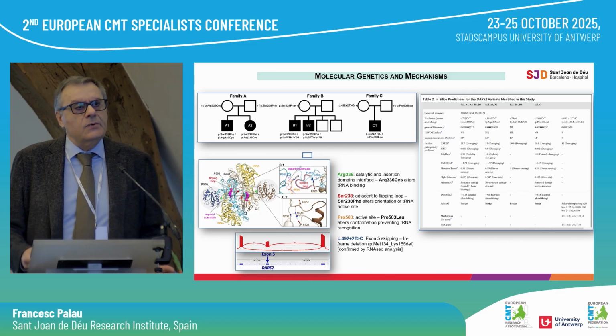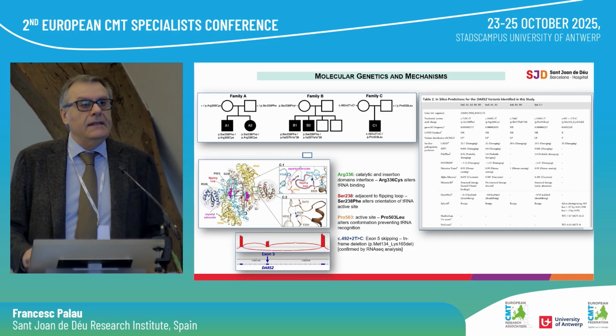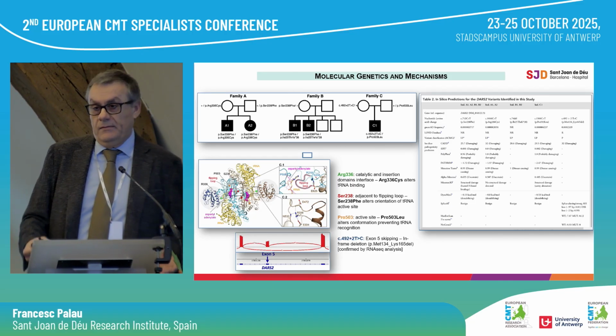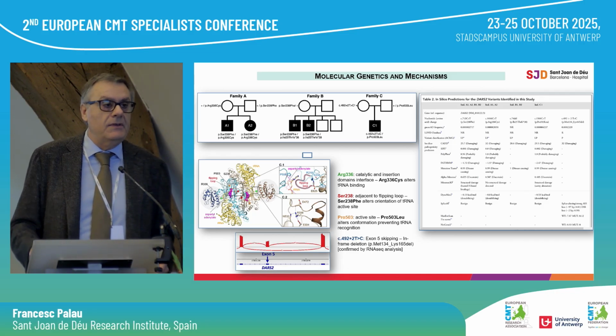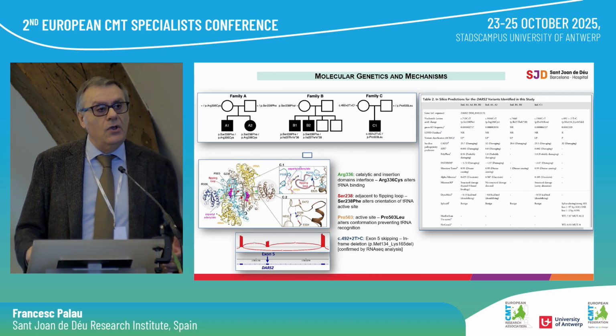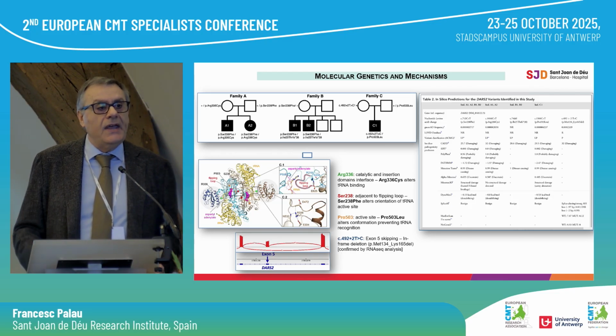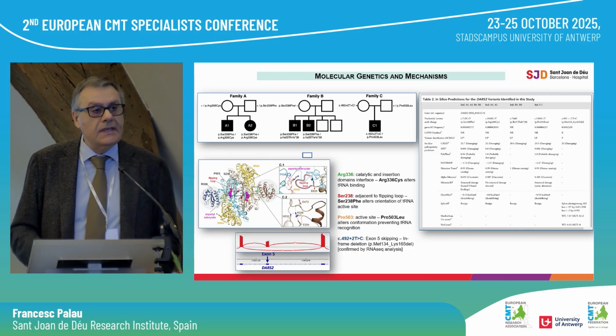In these cases, we have variants that were considered pathogenic or likely pathogenic. In the case of the splice site variant, it induced the skipping of exon 5. So as a whole, we have three families, five patients with an axonal phenotype having mutations in DARS2.